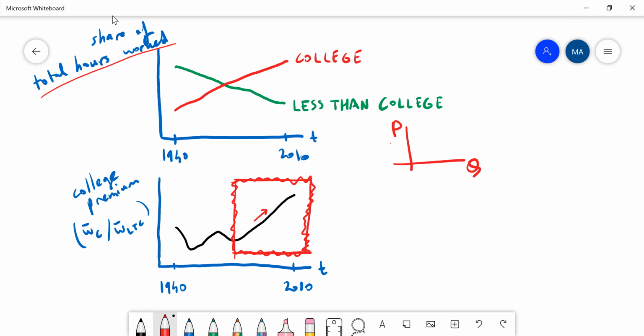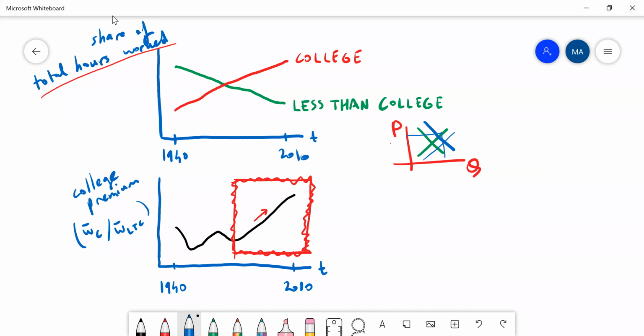If initially the market is in equilibrium, now you observe the price is larger, okay, but quantity is also larger. How do you observe that? So you have to shift the demand, okay? Demand has to shift.